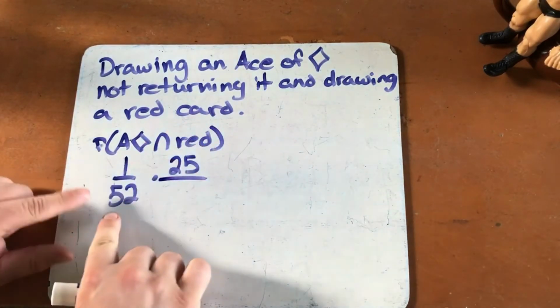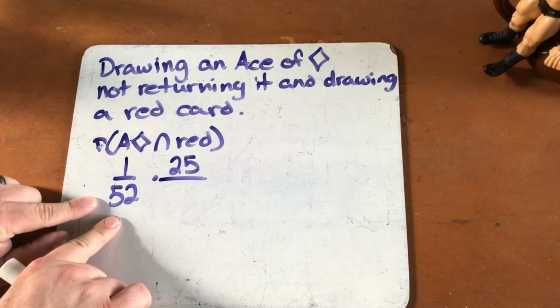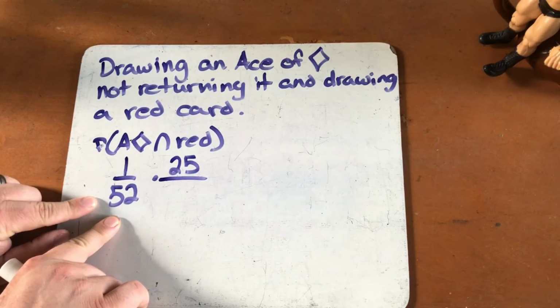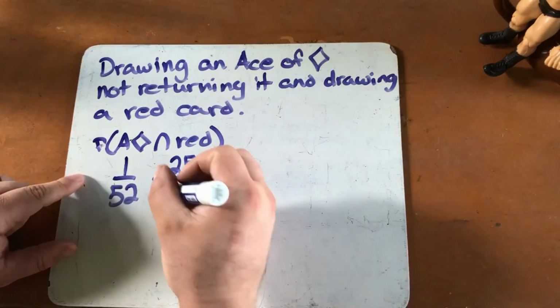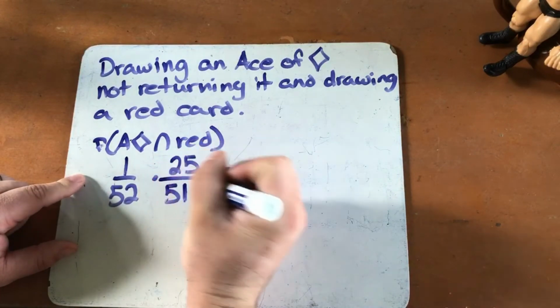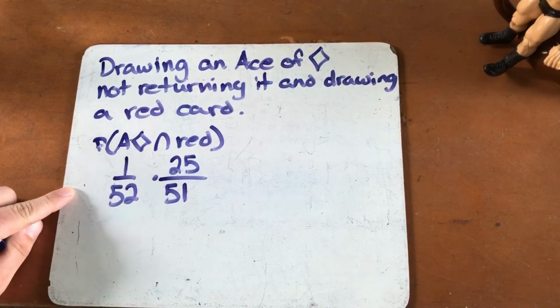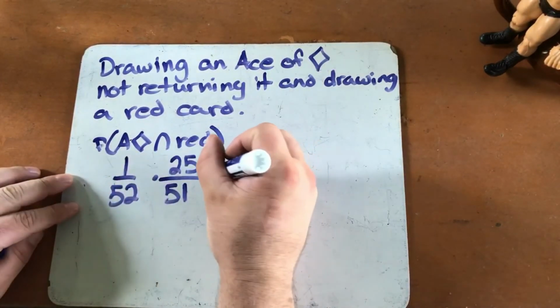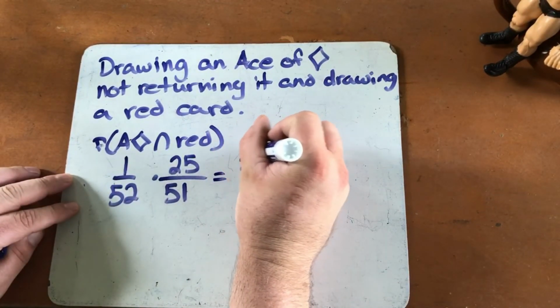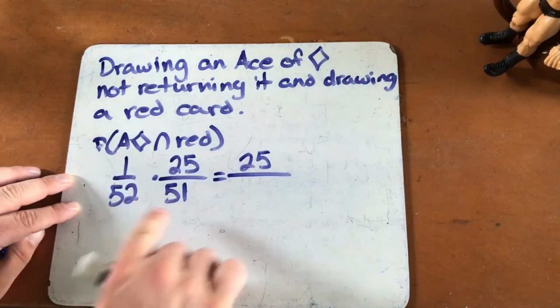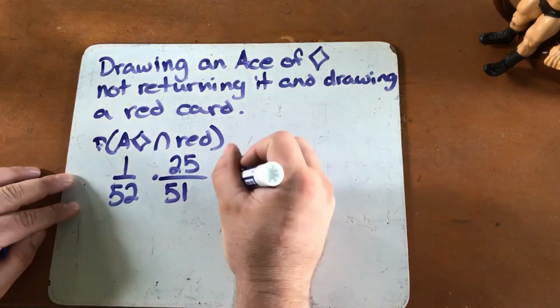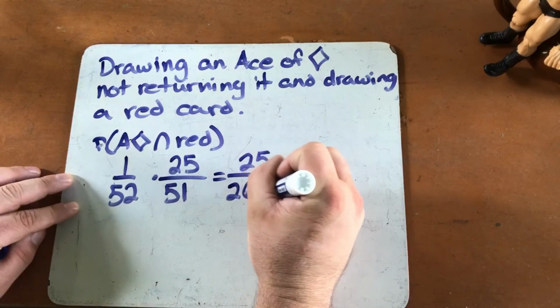Now, for the total number, there was 52, now there is only 51. So once I have these probabilities, I multiply straight across. 1 times 25 is 25. 52 times 51 is 2,652.